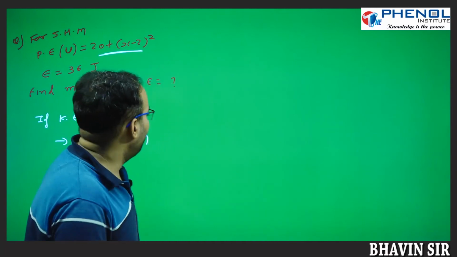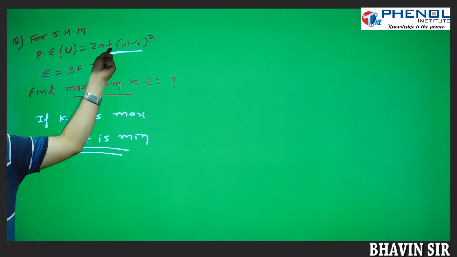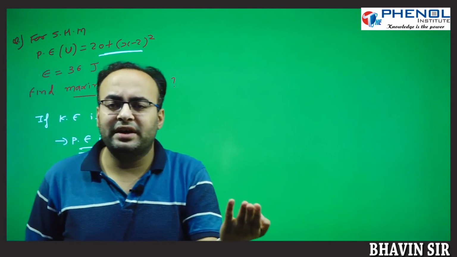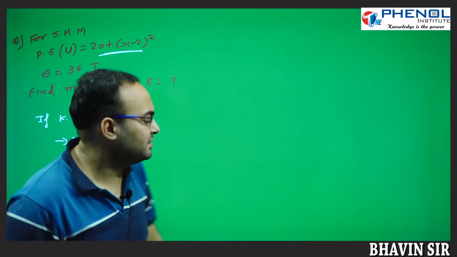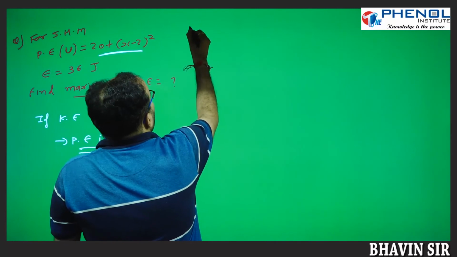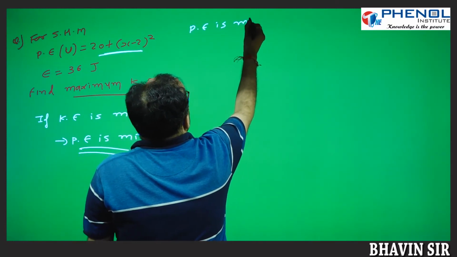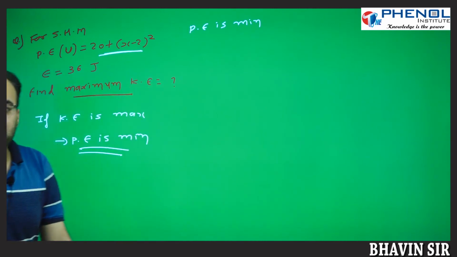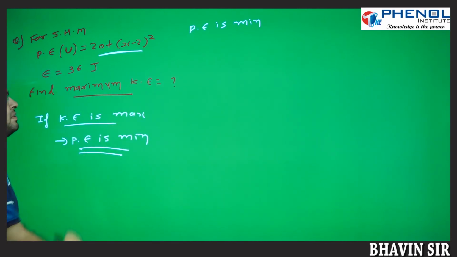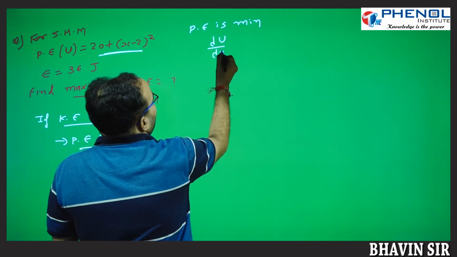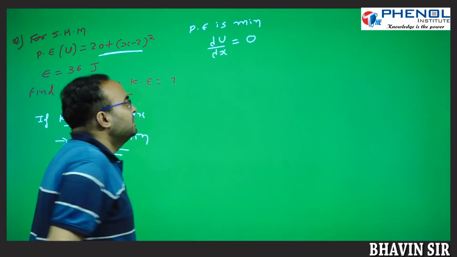But here the equation is of what, students? Of potential energy. So whose differentiation will we take? We take the differentiation of potential energy. Potential energy is minimum. Why do we take potential energy as minimum? Because we want to find maximum kinetic energy. So it means the differentiation of potential energy is 0.